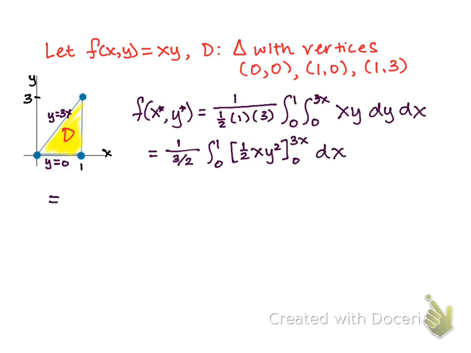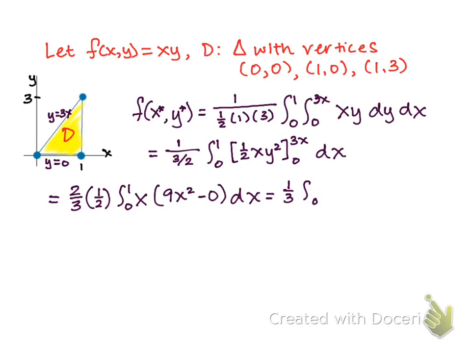And that's going to be 2/3 times, I'll stick my 1/2 out here, the integral from 0 to 1 of x, and I'm plugging in for y squared, so that's going to be 9x squared minus 0. So now I have 1/3, and then the integral from 0 to 1 of 9x cubed.